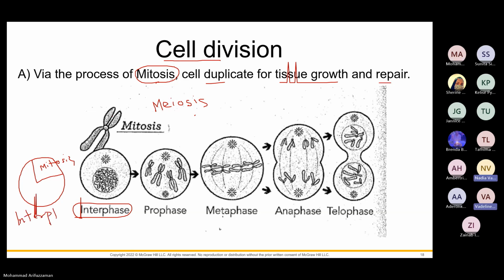Can you remember what are the subdivisions of interphase? Three subdivisions. The G1 phase, S phase, and G2. So the G means the growth phase.